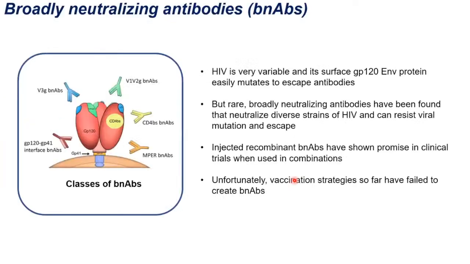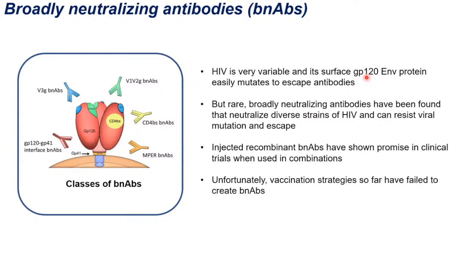All right, so here's a busy slide about broadly neutralizing antibodies, or BNAbs, that you probably know about, but I'm going to go through their main features. Again, as I've already said, HIV is very mutatable, and its cell surface envelope protein is also called GP120.